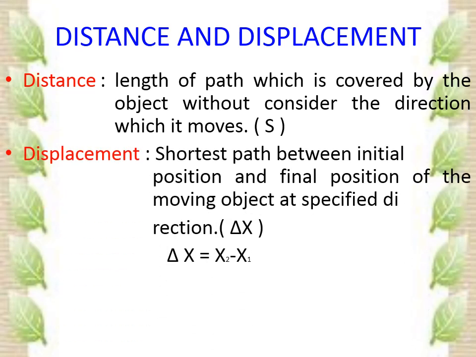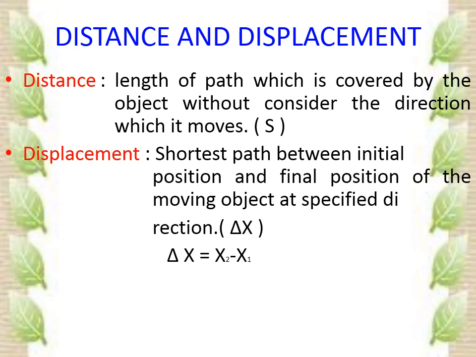And the definition of displacement is the shortest path between the initial position and the final position of the moving object in a specific direction. Displacement is given by the symbol delta x.